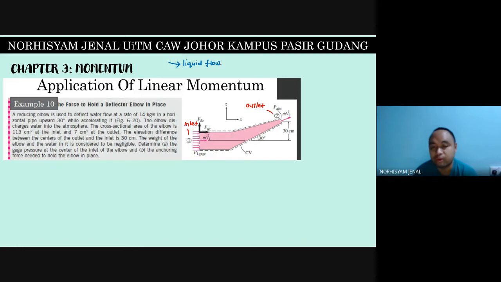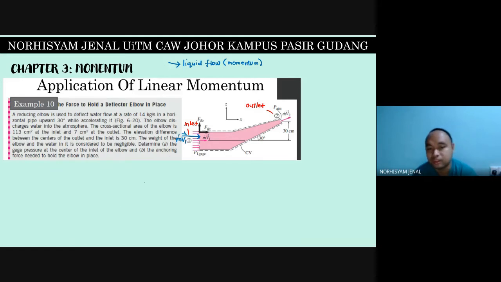Okay, so liquid flow, it means over here, the flow of liquid will be like this. Okay, so this will be the arrow for momentum. Right, so over here, this arrow is also represented by m dot v1.